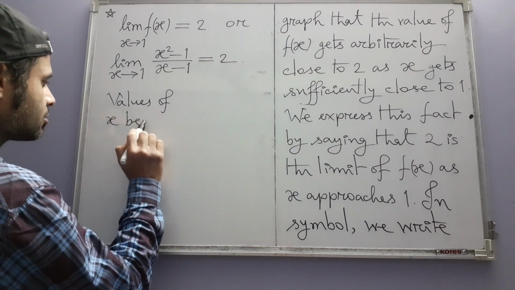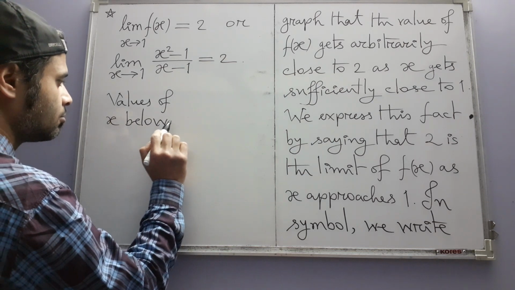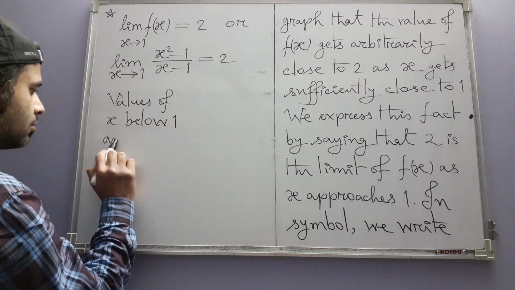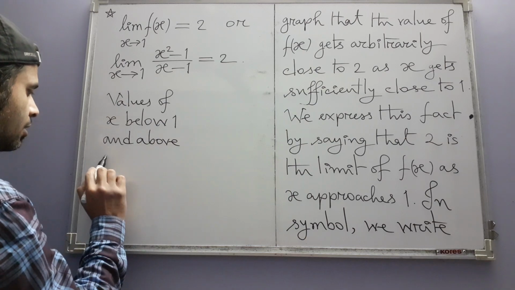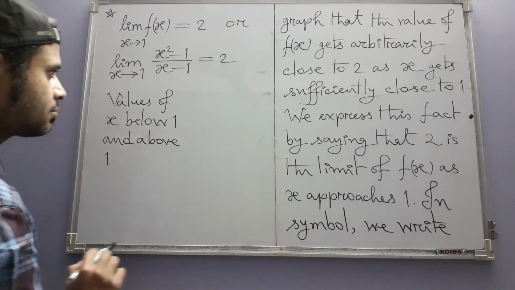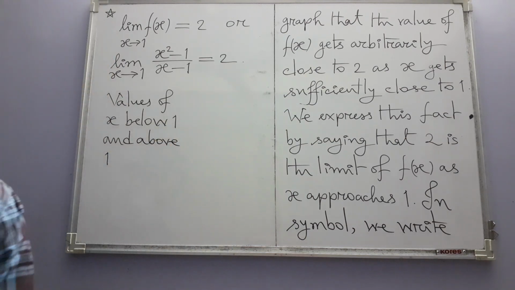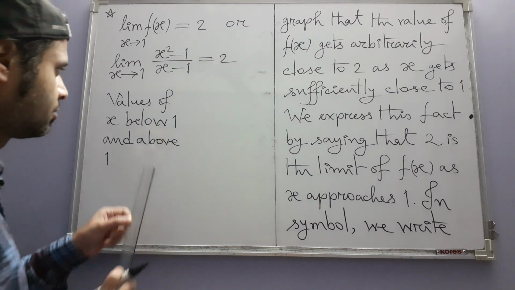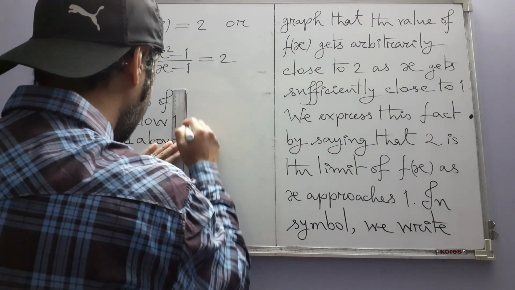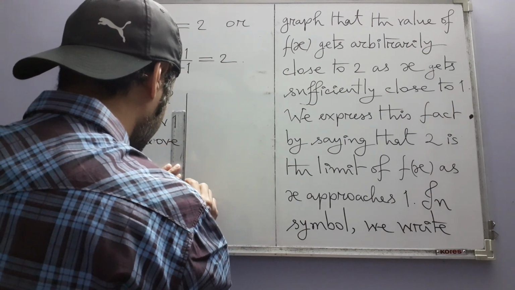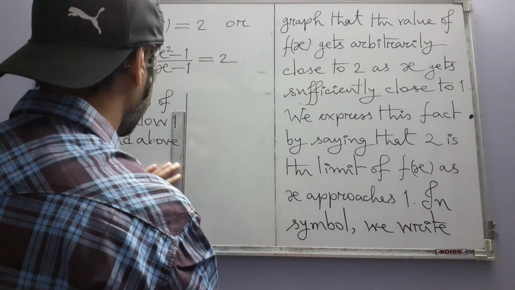Values of x below 1 and above 1, and on this side, still not creating a table, but we can separate them with a line.